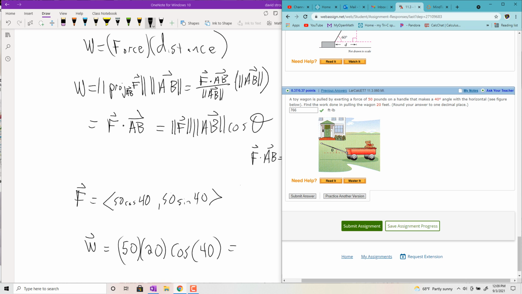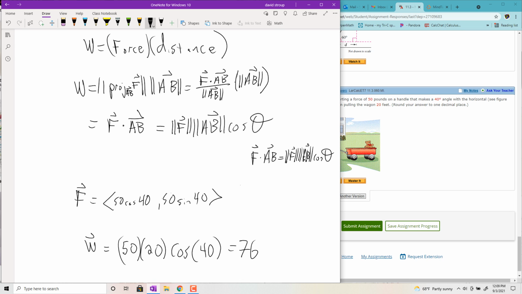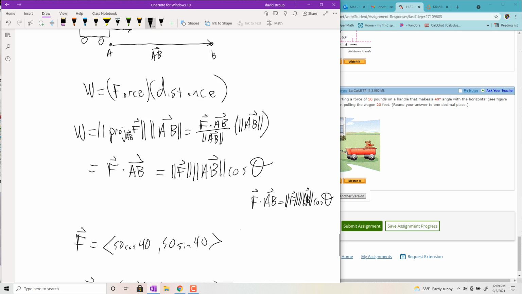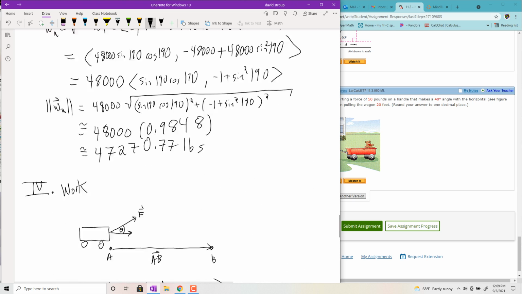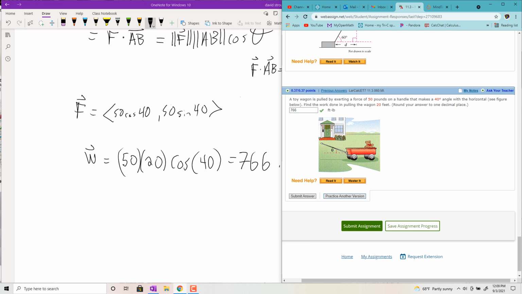So 50 times 20 times cosine 40. It just turns into a plug and chug if you know the formulas. Usually I'll give you a formula sheet with some formulas on there, and from those you should be able to derive the other formulas. But we'll cross that bridge when we get to it.